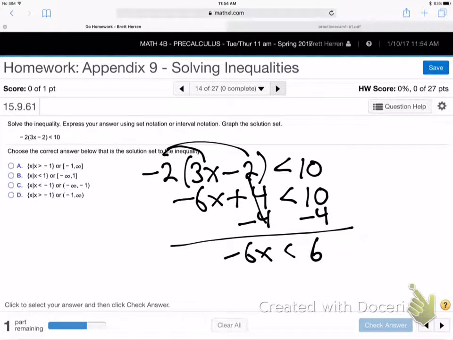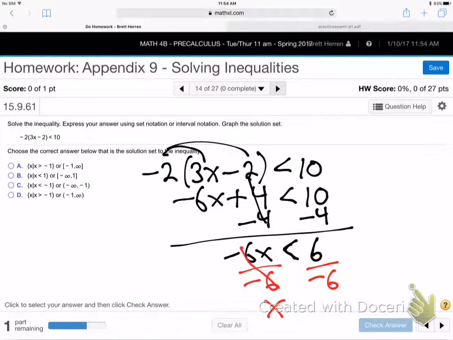Okay, and then what's the last step? Divide by the -6, right? So divide by the -6. Okay. And what? Flip the sign.